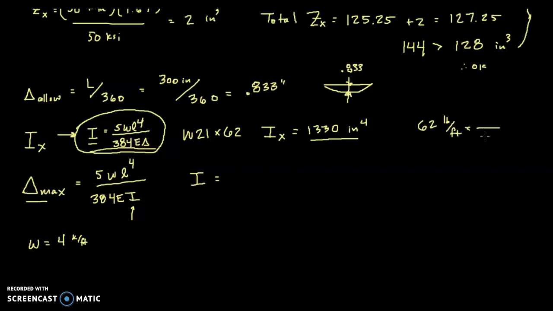If I convert that to kips, for every 1 kip there's 1,000 pounds. That's just dividing by 1,000, moving the decimal place 1, 2, 3. So that's plus 0.062 kip per foot.